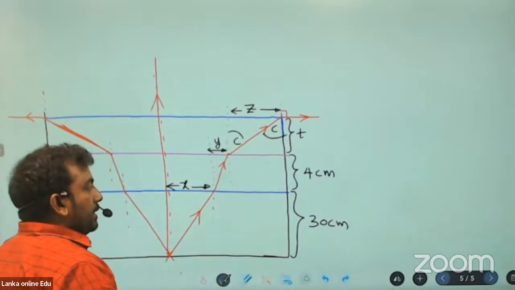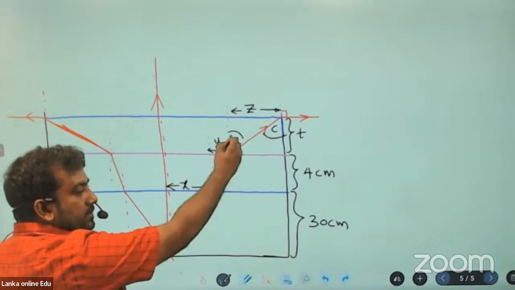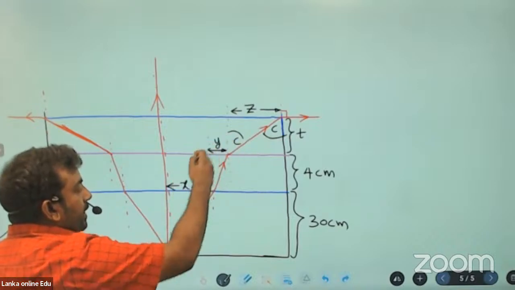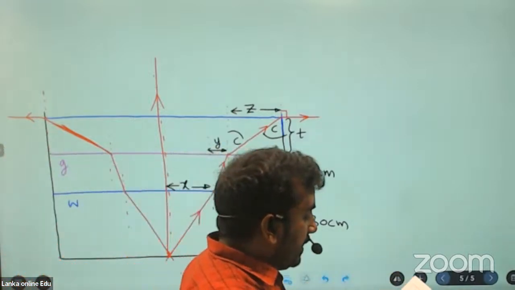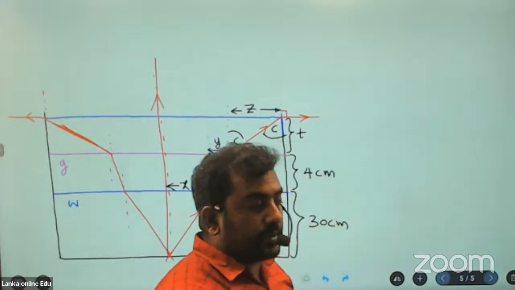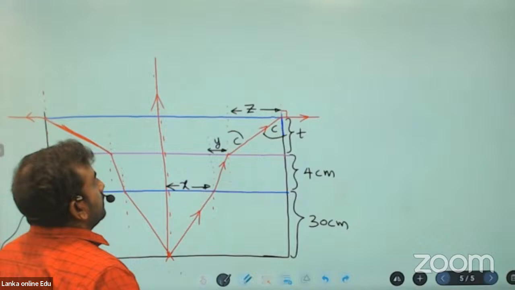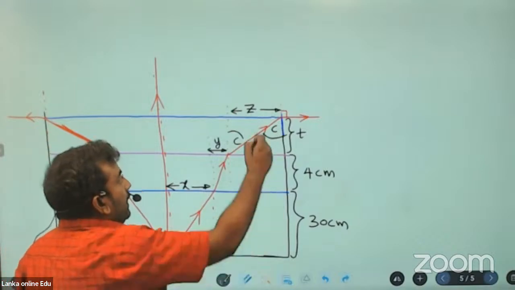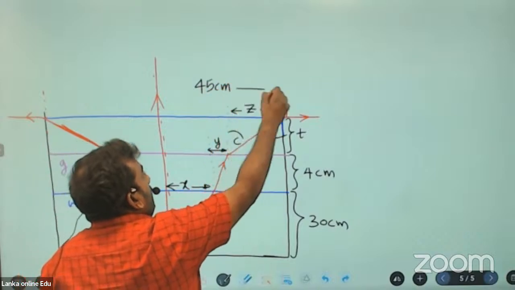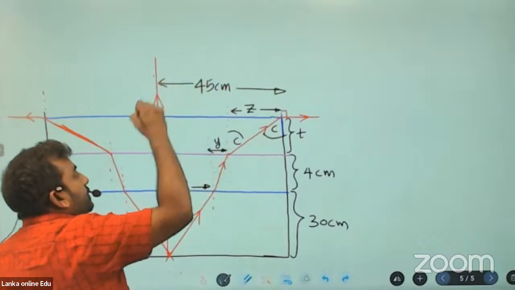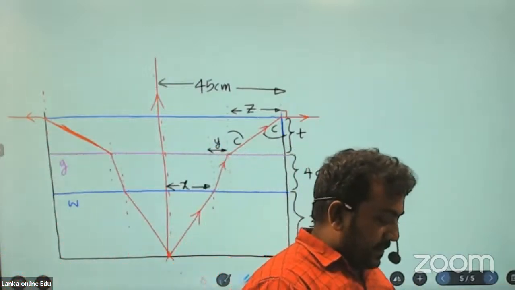Therefore, X and Y values will not change. We only need to find Z. Right? No?